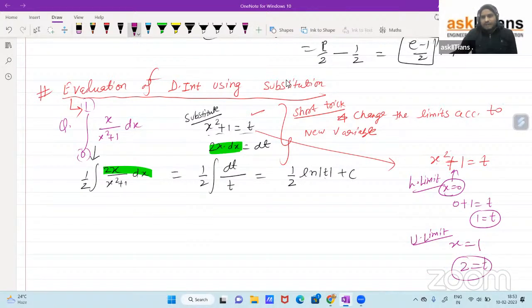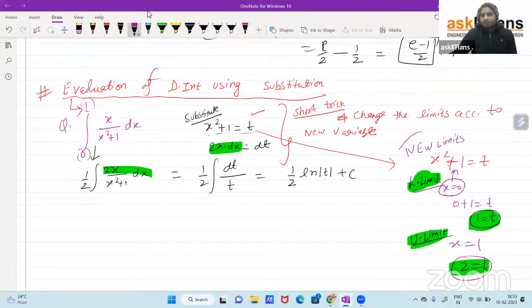So now your new limits in terms of t will be: lower limit 1 and upper limit 2. These are your new limits, correct? In terms of the new variable. So here you can put these limits. Lower limit is 1 and upper limit is 2.